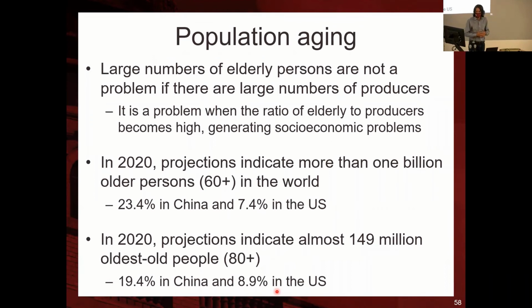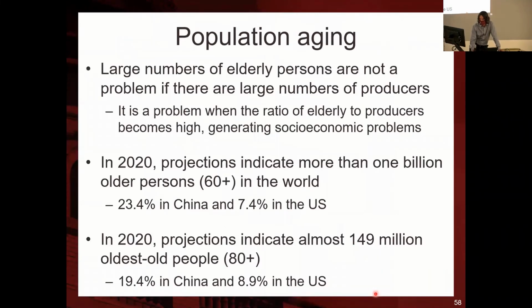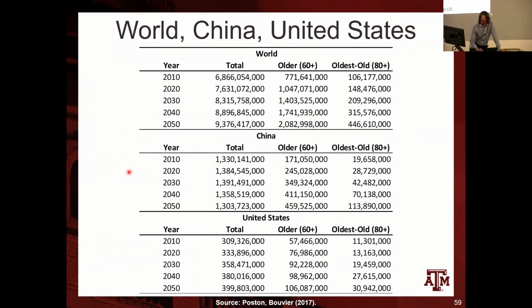Okay? Where did I get these numbers from? For these 60 plus people, in this table here, we have the years from 2010 to 2050 for the world, for China, for the US, the total population, people with at least 60 years of age, people with at least 80 years of age. And in my example here, I got data from 2020.